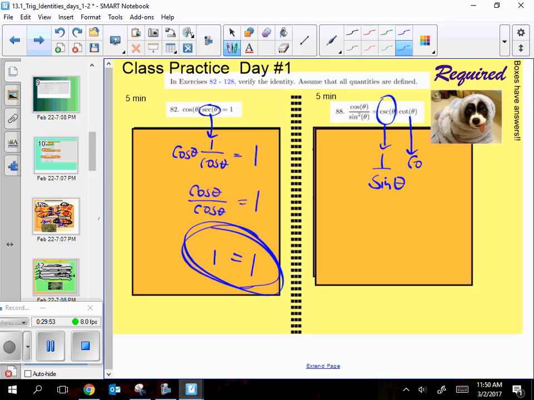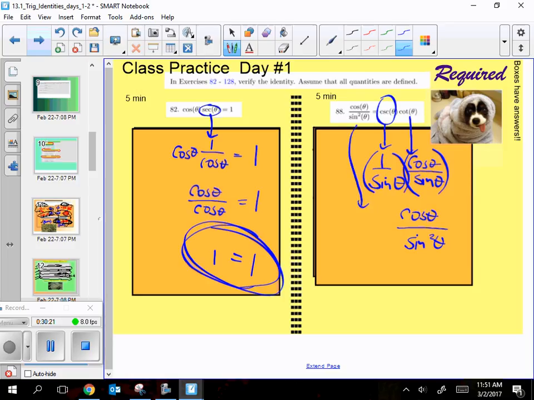Cosine over sine. Now, can you see that when I multiply that out, what do I have on the bottom? And isn't that what I wanted to have on the bottom? So now I've got 1 times cosine is cosine over sine squared. And that's what I wanted. Cool, I just bring it down.